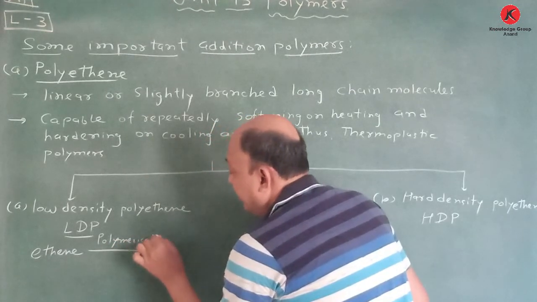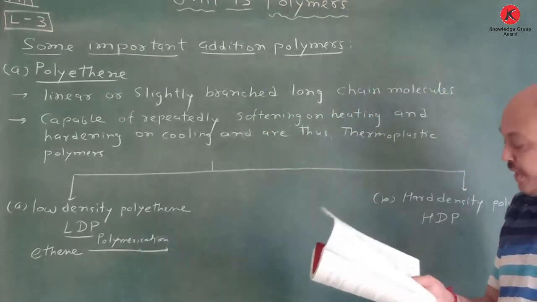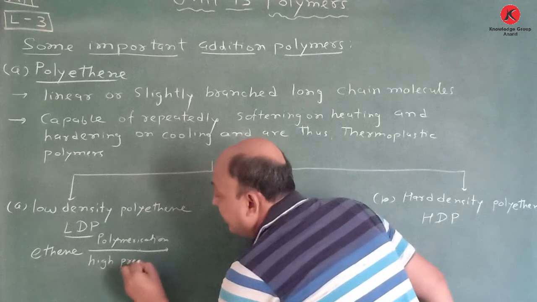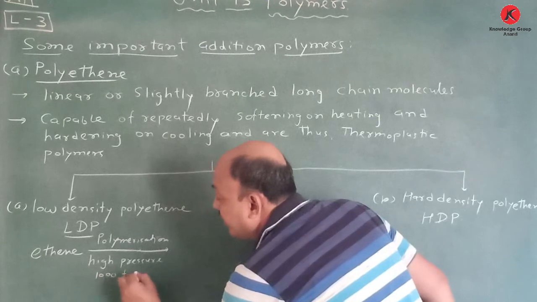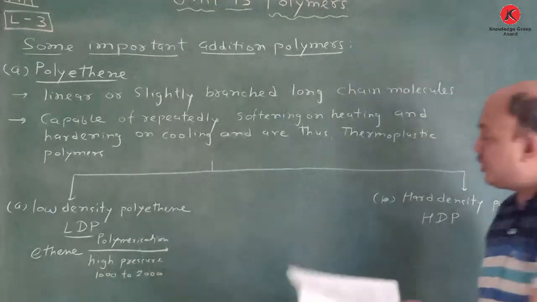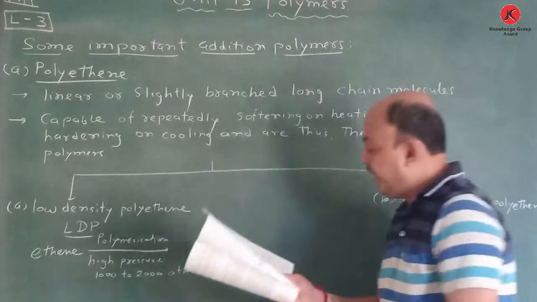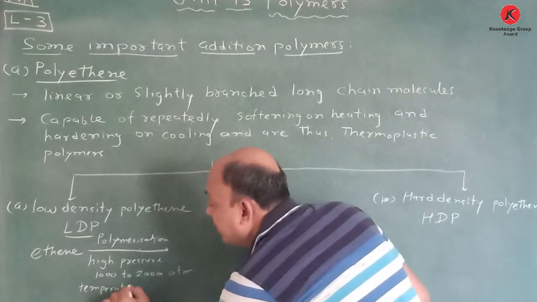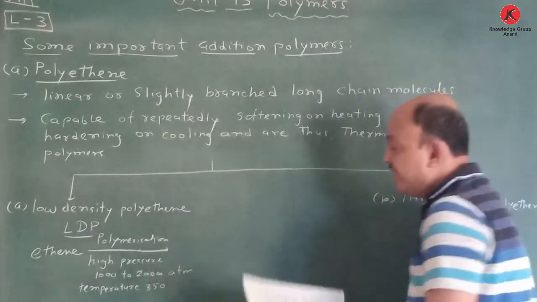Polymerization of ethene in presence of, just you see, remember this condition is very important, under high pressure 1000 to 2000 atmosphere, and temperature is 350 to 570 Kelvin.